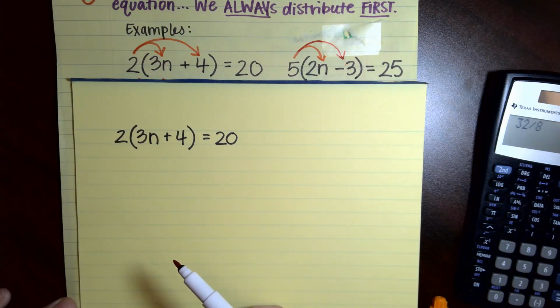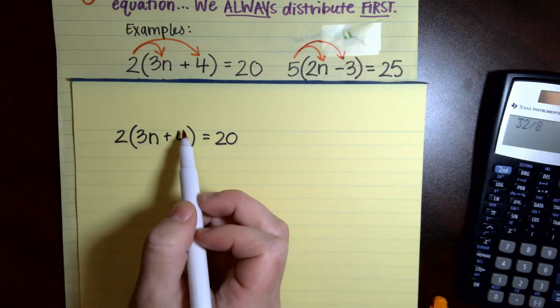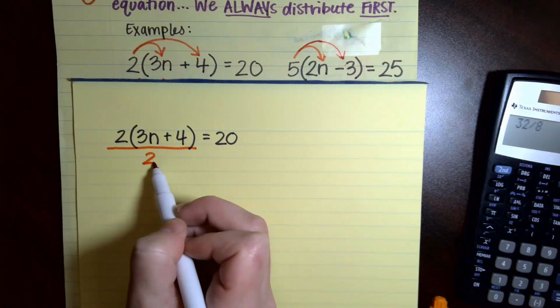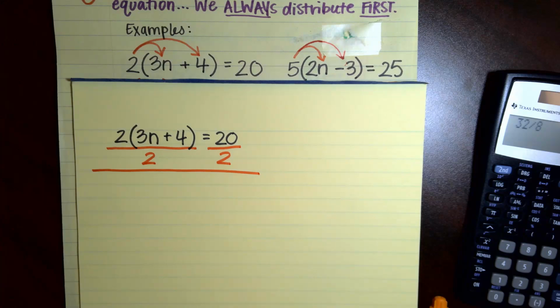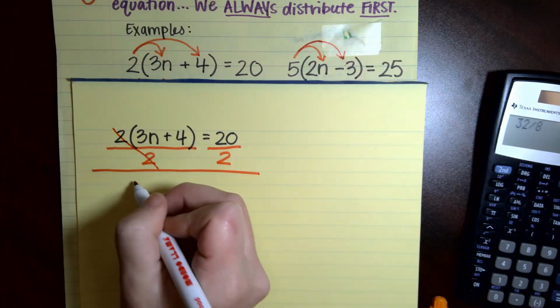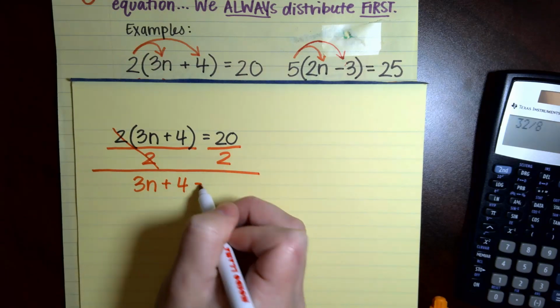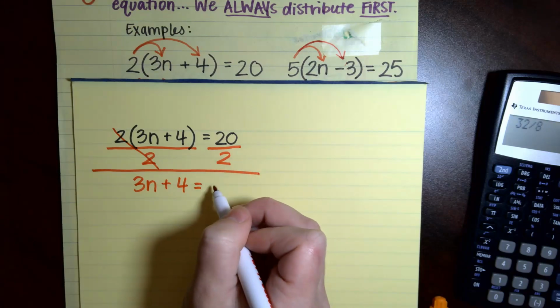What's the opposite of multiplying? Division. So if you see here, I have 2 times this whole side. What if I just divided it by 2? My 2's would cancel. And then I would have 3n plus 4 equals, what is 20 divided by 2? 10.